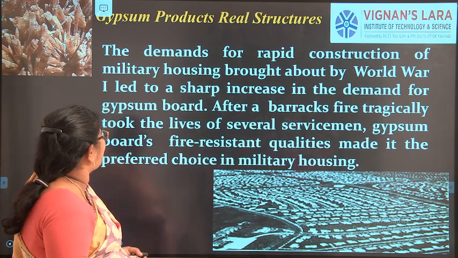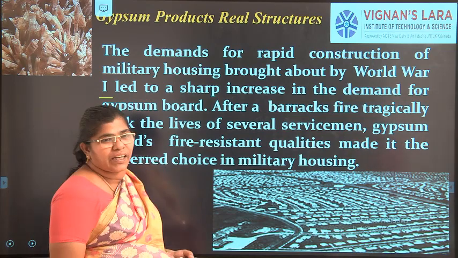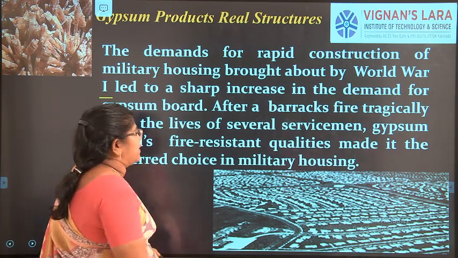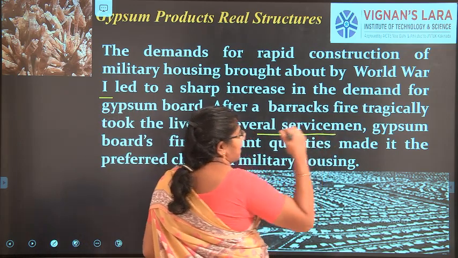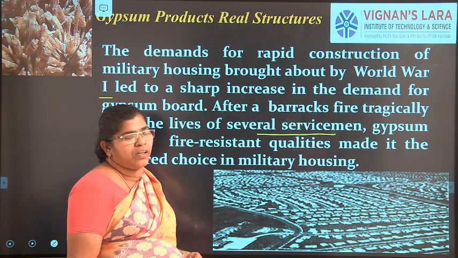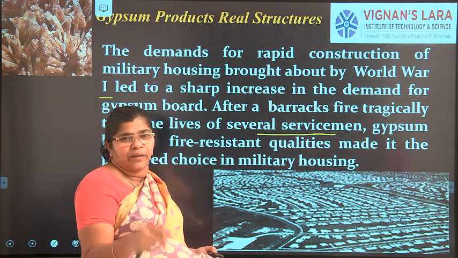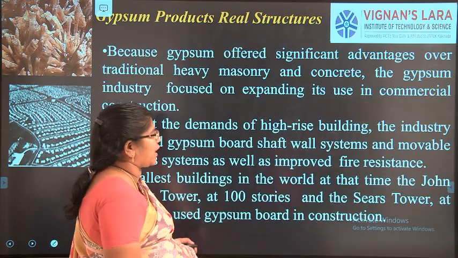It is in World War I. In World War I, there was heavy fire and several servicemen lost their houses, everything they had. So they wanted to build within a short period of time; several thousands of houses had to be built.